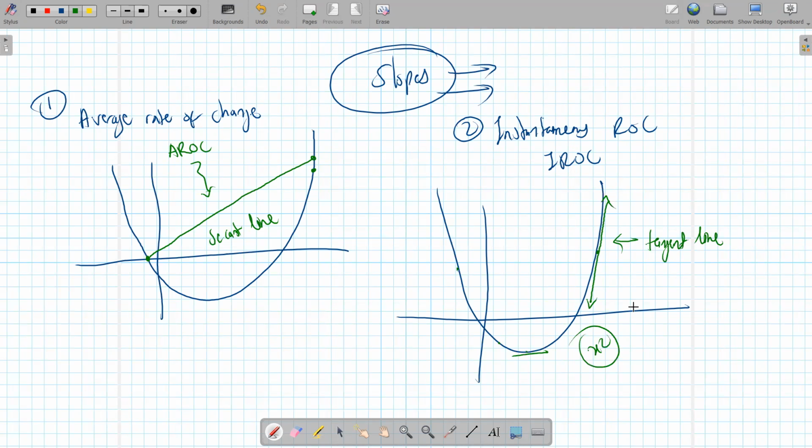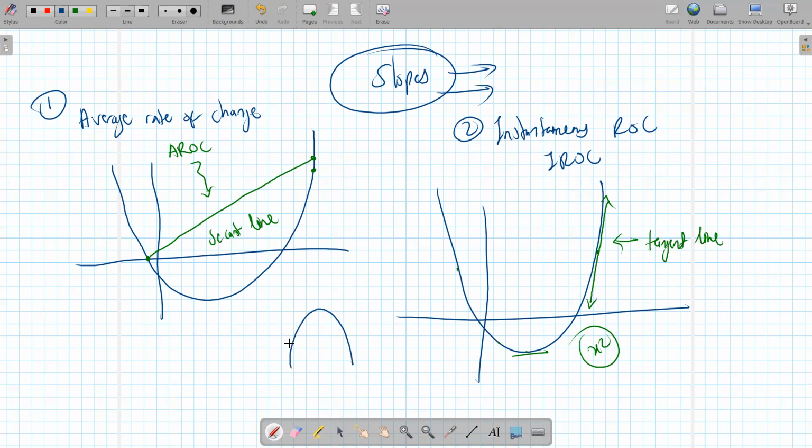So real life applications, I guess. A secant line would be if you want to see how it's changed. Let's say you throw a rock in the air, right?